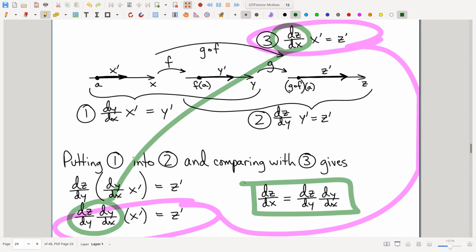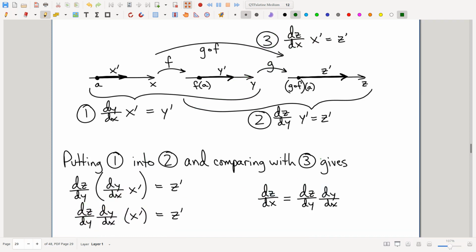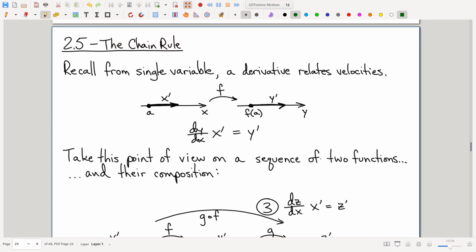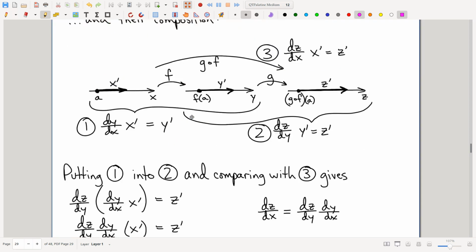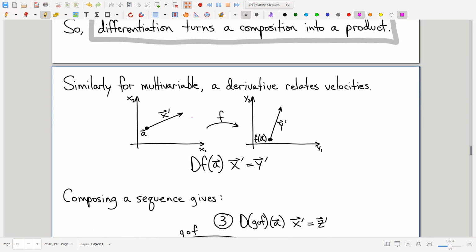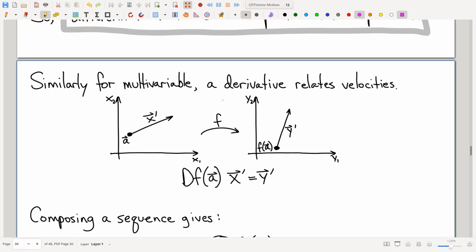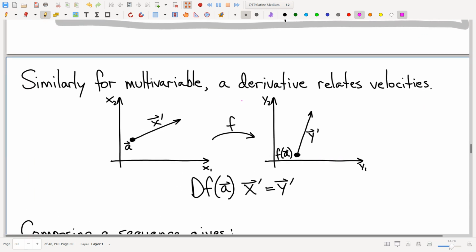So let's do that generalization now. Reminder, we started off by interpreting the derivative as what you multiply by input velocity to get output velocity. The multivariable version of that: the derivative is what we multiply by input velocities, multivariable perhaps, to get output velocities, multivariable also perhaps.